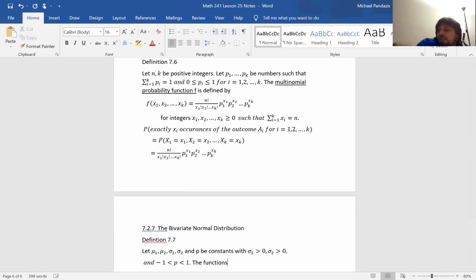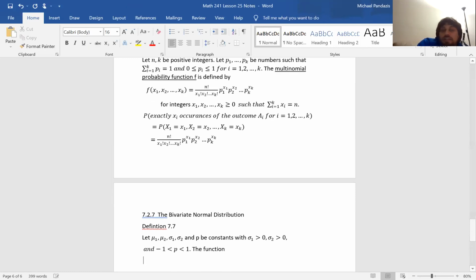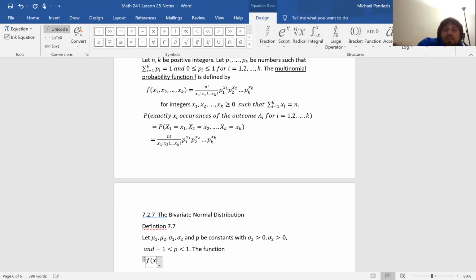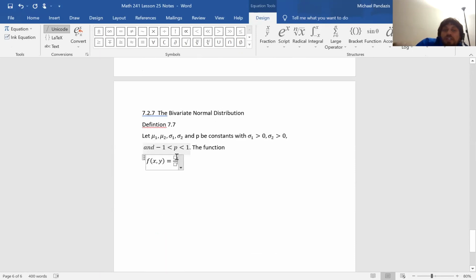The function f of x comma y is equal to, so I'm defining a bivariate normal probability density function. And so this is the function. So I'm going to write it out. It's very long.